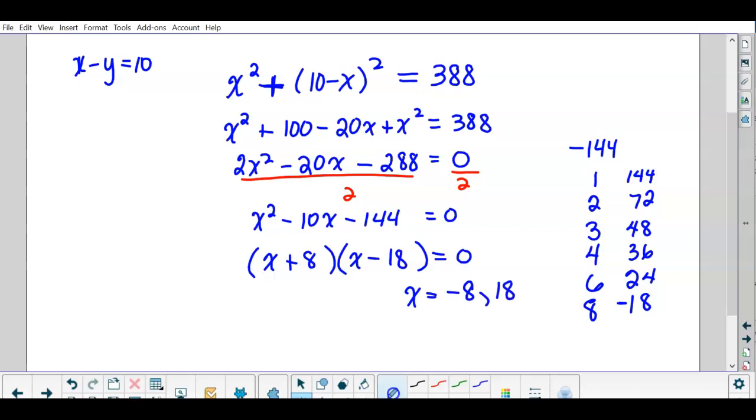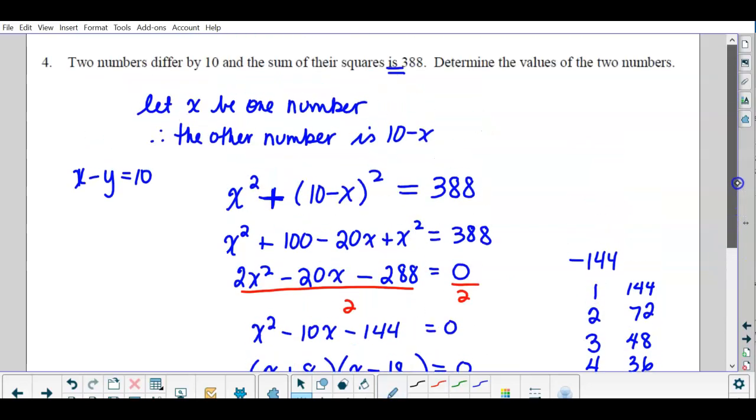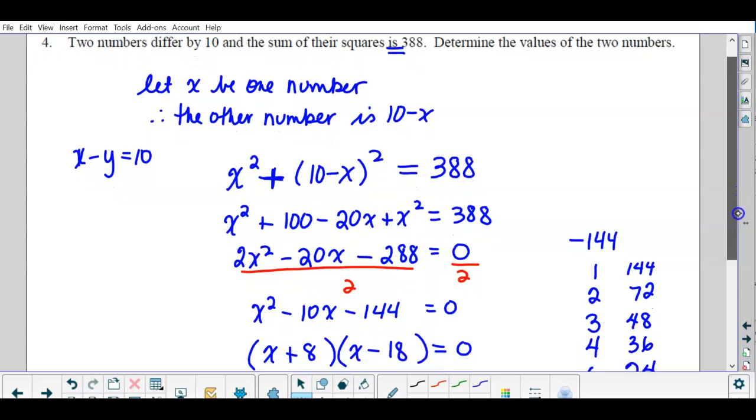Okay, but you're not done. All right, because they aren't 10 apart, right? Those are the x values. So you need to go back, you need to state the two numbers that satisfy this. So there's two pairs, right? So when x is negative 8, then this is 18.